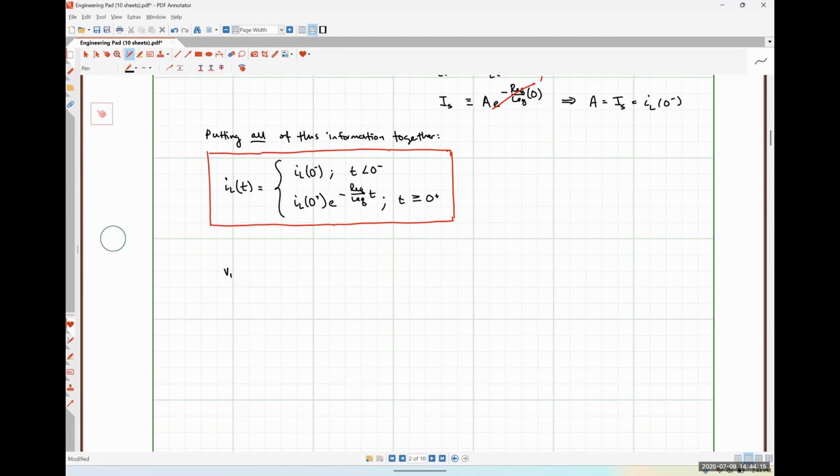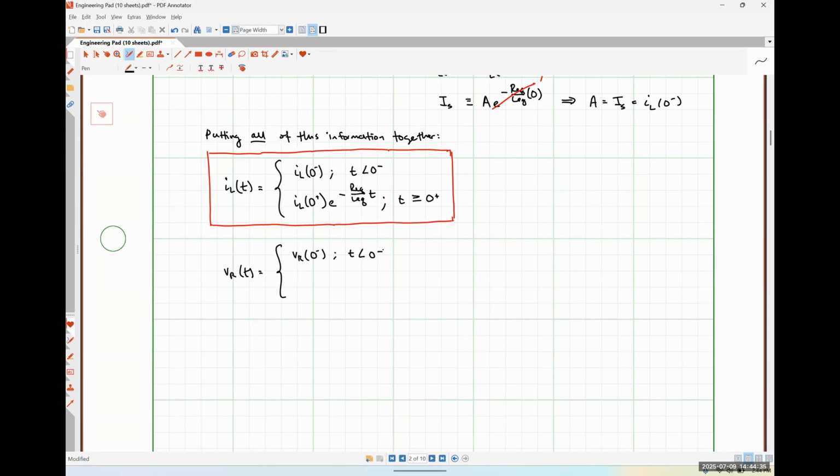is that our resistor voltage, VR of t, is going to be whatever our resistor voltage was before our switch changed states, which in this case happens to be 0. I can say that by inspection.